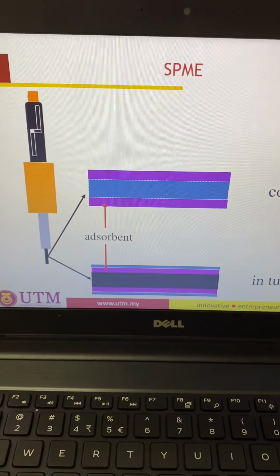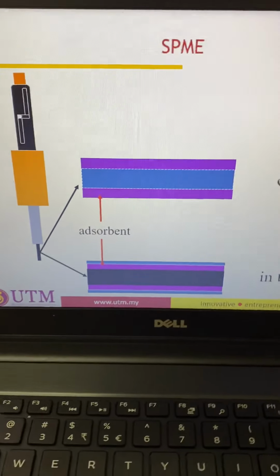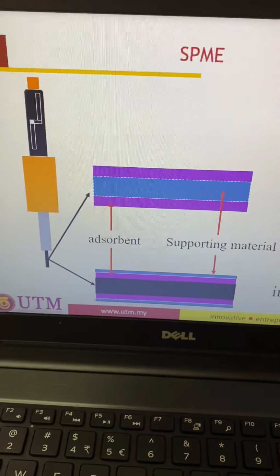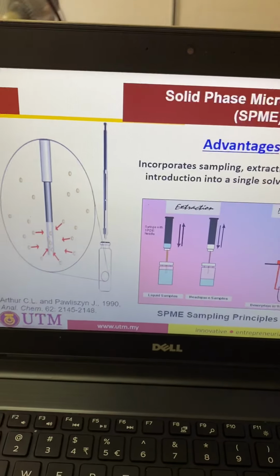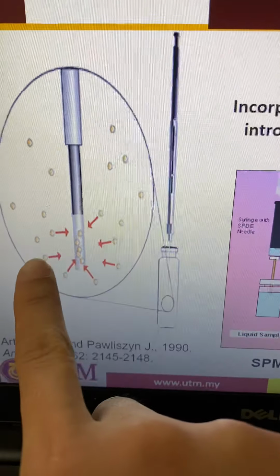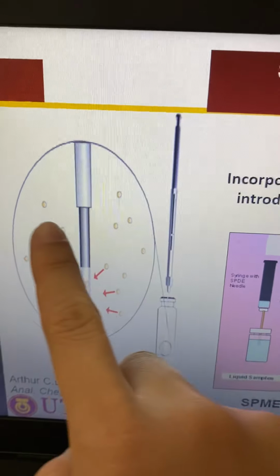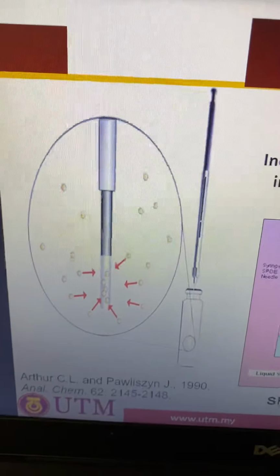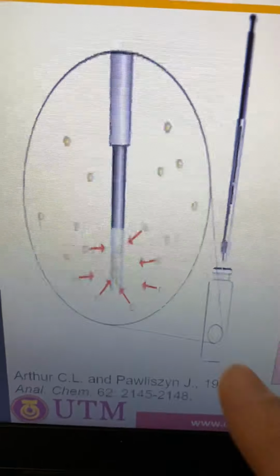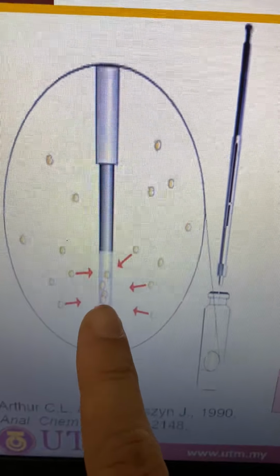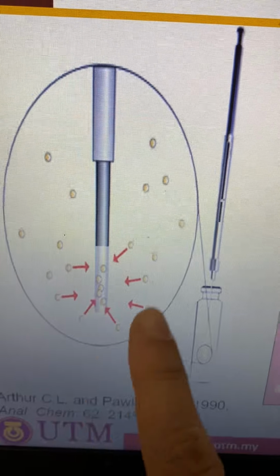This polymeric supporting material is actually the extraction phase. So when these are your analyte compounds in vapor phase, they will go and absorb themselves on the fiber over here.